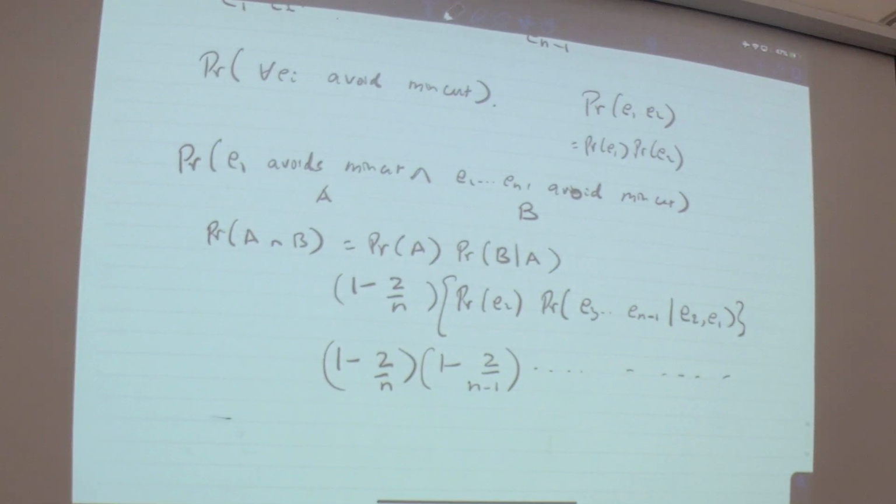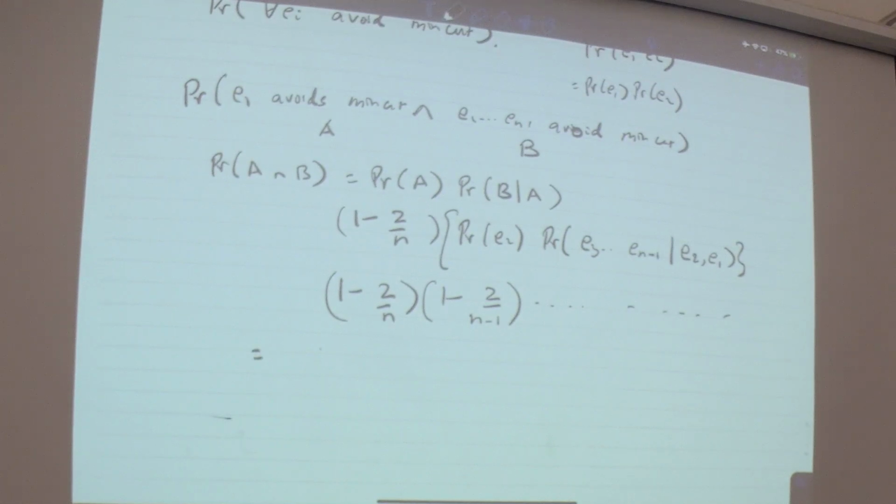And if you simplify this expression, this looks something like n minus 2 over n times n minus 3 over n minus 1 times n minus 4 over n minus 2, up to, right at the end, it will look like, let's see, it's always a difference of 2, so it'll look like this. At the end I have 3 and I do a contraction and I end up doing an extra.